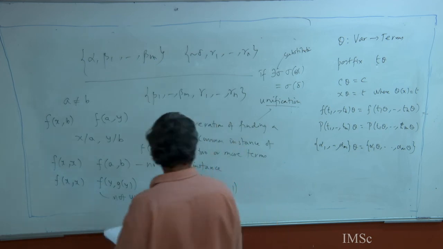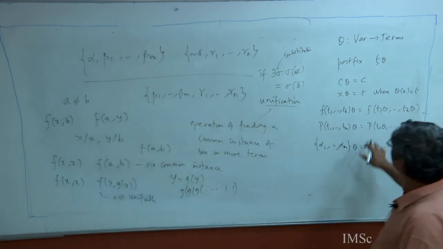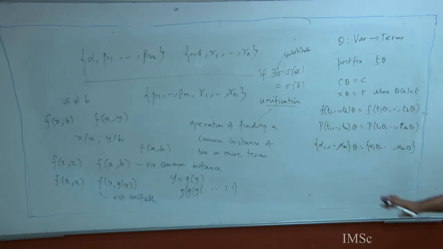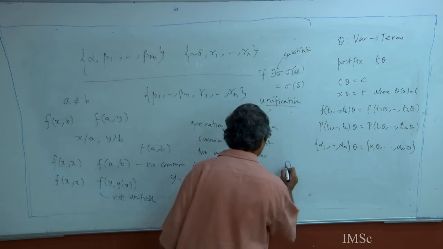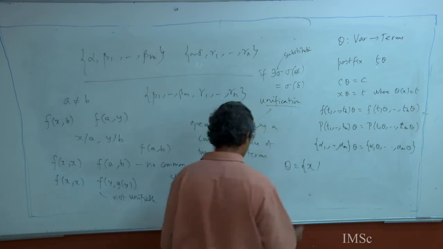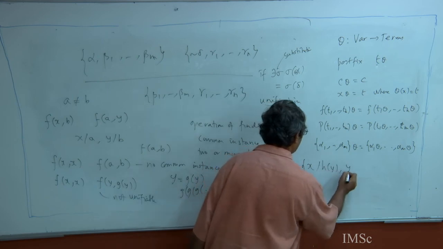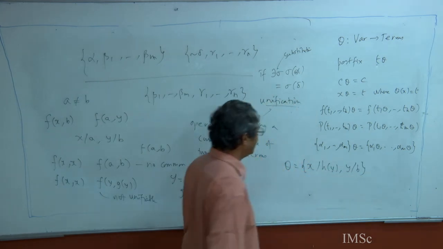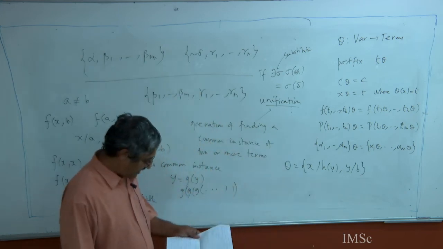Remember that when I am doing this, the application is being done simultaneously for all the variables. Like for instance, this is the notation that typically is used: x is mapped to the term h(y) and y is mapped to the term b.